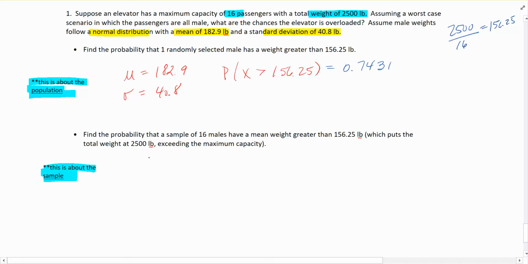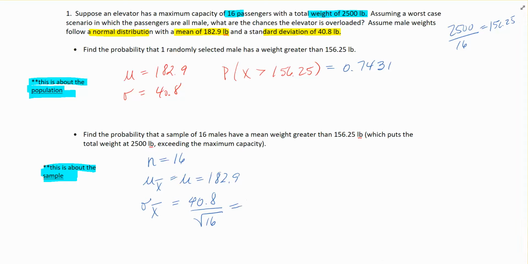In my sample, n is 16. The mean of my sample is equal to the mean of the population, which is 182.9. The standard deviation of my sample is going to be the standard deviation of the population divided by the square root of the sample size. Plugging that into my calculator, I find that the standard deviation of the sample is 10.2.